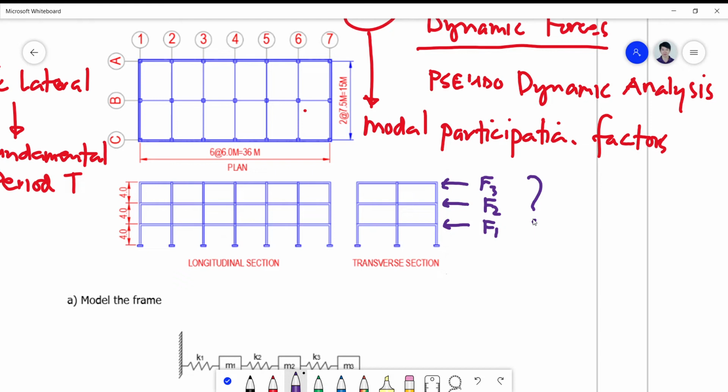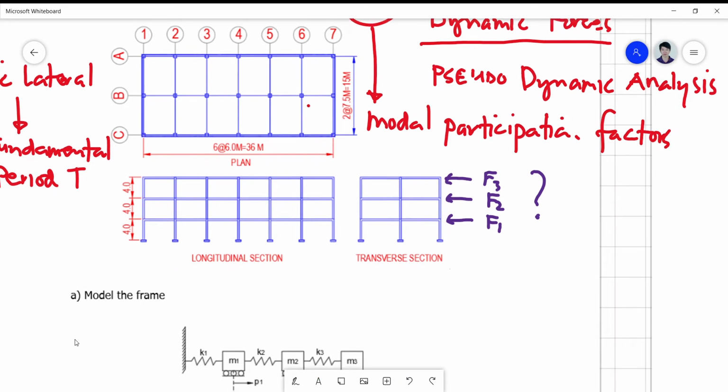Okay, of course this building should first be analyzed in terms of the weight, but assuming that all the weights were already computed on the basis of the given analytical model.